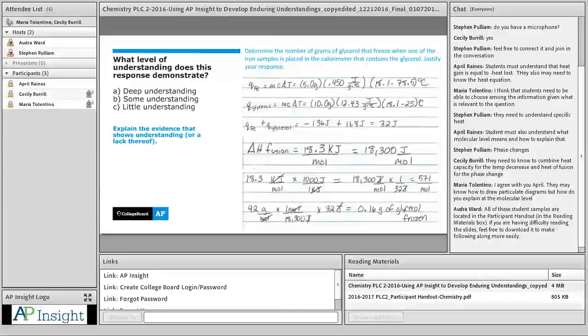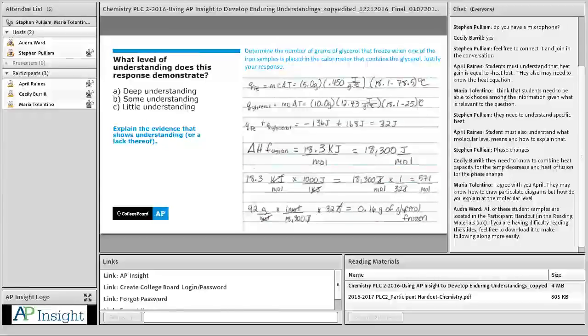In my opinion, this would probably be a 3-point problem, and they do demonstrate definitely some understanding. There's somewhere between some and deep understanding on this. That's correct. Yeah. So what that scores, we'll go with 2 out of 3 points maybe.